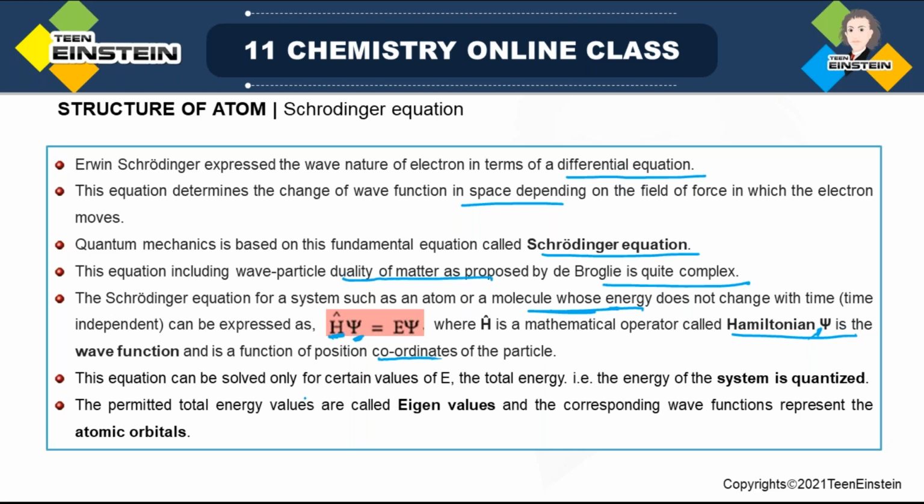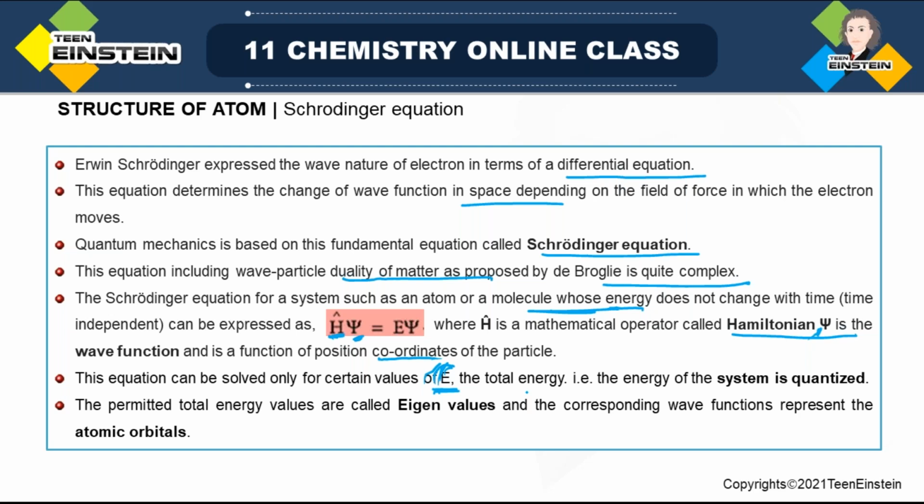This equation can be solved only for certain values of E. So all the values of E are not allowed. So what does it mean? It means that the energy of the system is quantized. And the E term that you will see in this equation is actually the total energy. When I'm saying total energy, you have to consider that in this atom there may be different types of energy, I mean to say kinetic energy, potential energy, because different types of forces are actually operating.